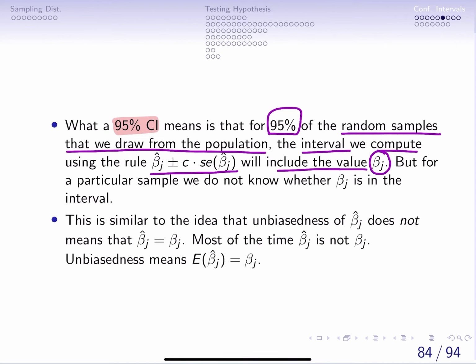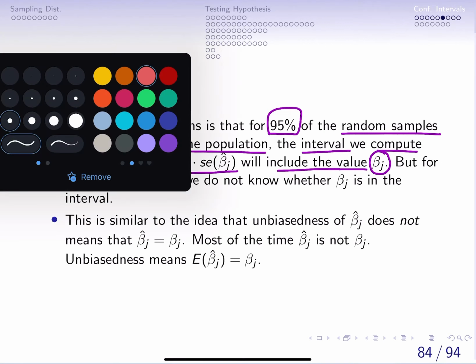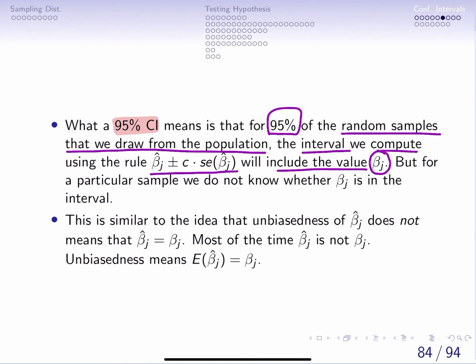Even though we are constructing this confidence interval using one particular sample, we are not talking about the value of beta j lying in that interval for that sample. We are talking about all of the random samples that we would draw from the population, 95% of those samples would contain the value of beta j.